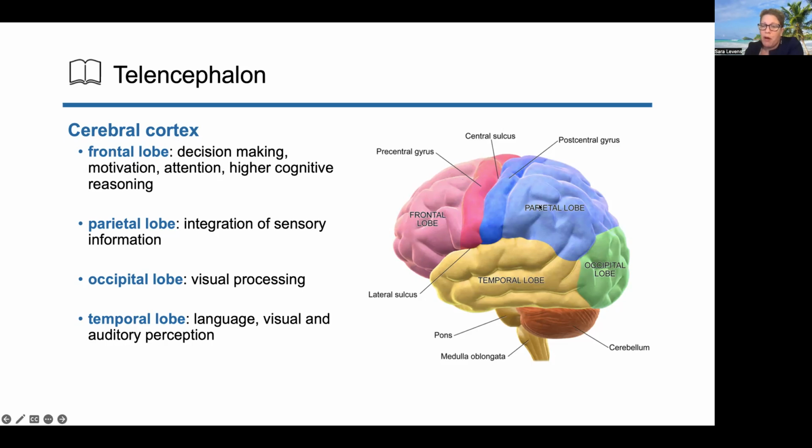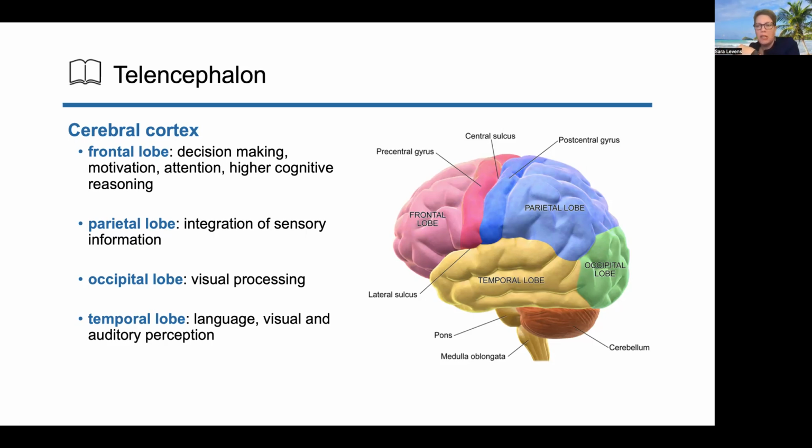Next we have the parietal lobe, which is the integration of sensory information. There are also a lot of attention elements in this space. So it handles higher-level perceptual elements and the way sensory information gets integrated.